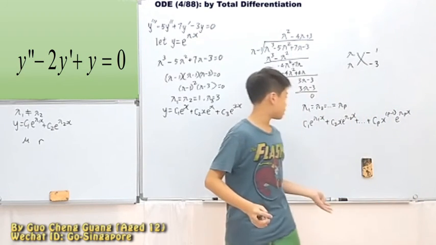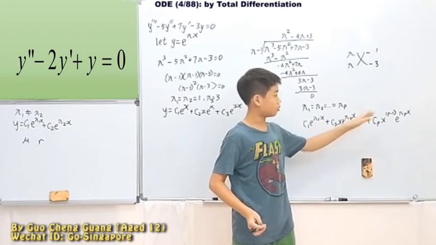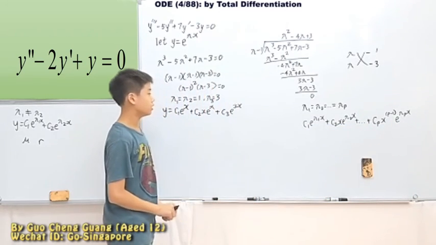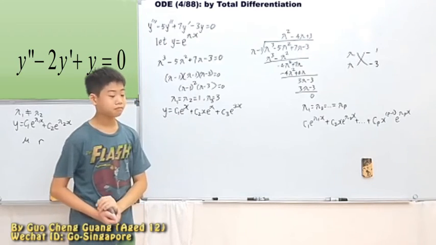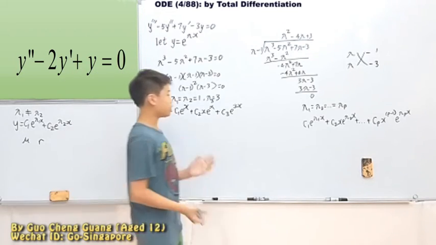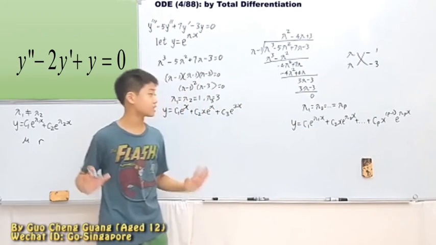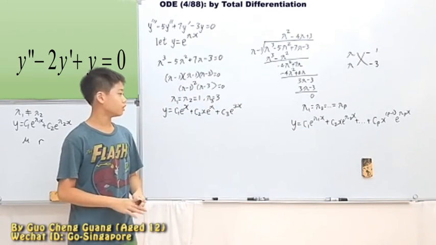You can write it like this, but because all these lambdas are equal, you can write lambda 1 or choose any one of them, it is the same. So you don't have to be worried if you have all these. It's as simple as that.